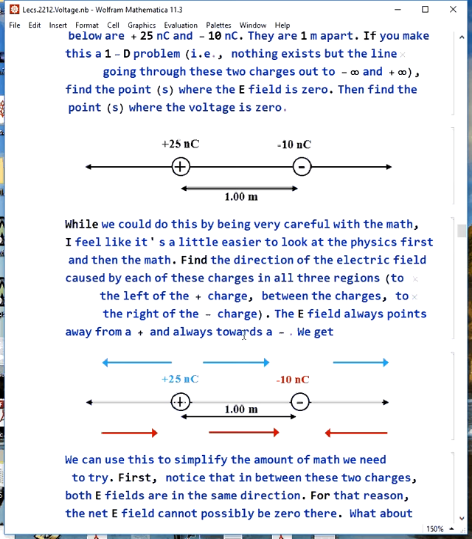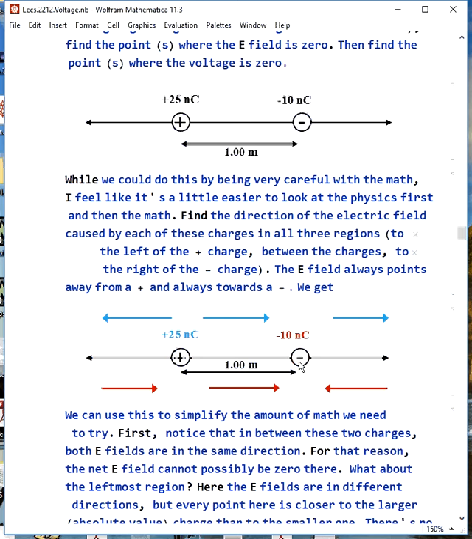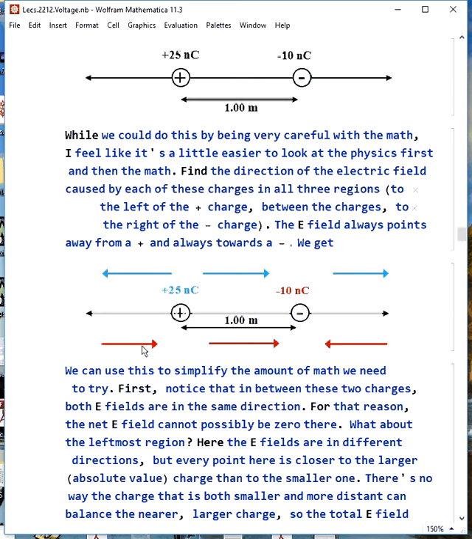We know the E field always points away from a positive charge, so if we look at the blue arrows here, this is what happens, the E field produced by this positive charge. It's always away, and it's smaller here than here. The red arrows go with the negative charge. It always points towards them. So here these things are pointing in, this is smaller. This will let us figure out this problem much, much more quickly.